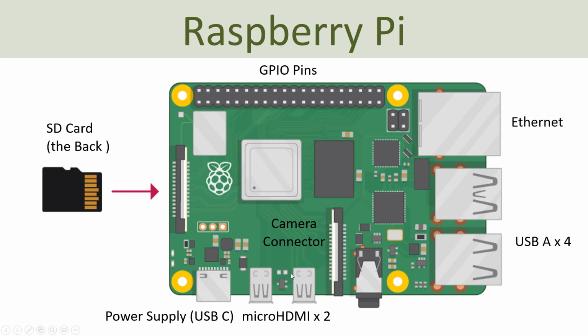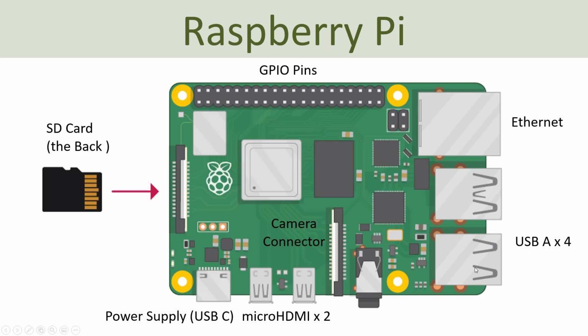So with the Raspberry Pi you have everything on a small single board. You have the microprocessor, you have RAM, where you can select 2, 4 and 8 gigabyte of RAM. You have the so-called general purpose input-output pins, which we'll use later in this tutorial. You have an Ethernet connector.